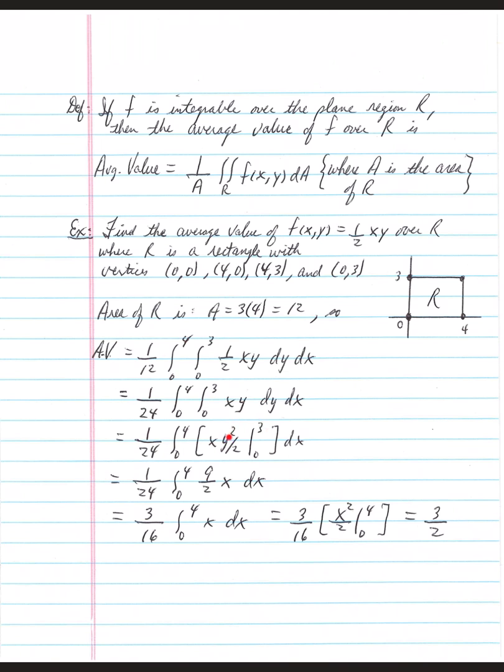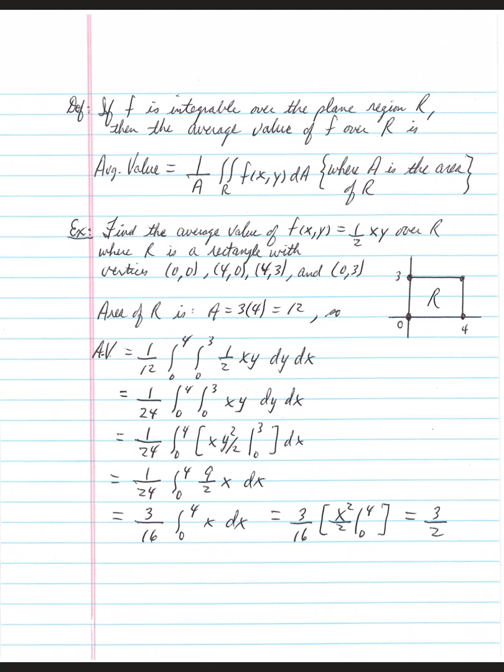3 goes in for only the y. Remember, that differential tells you which letter gets the substitution. So that's 9x over 2 minus 0 subbed in just creates a big 0. Move 9 halves out. That's 9 over 48, which reduces to 3/16.